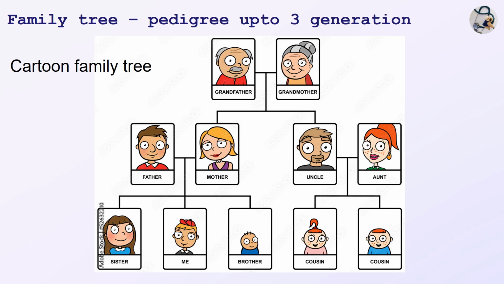So pedigree up to 3 generations. Topmost are the grandparents, grandfather, grandmother. Then comes your father, mother, uncle, aunt. Then your siblings, sisters, brothers, and then the center is me, and then that way you get your cousins from uncle, aunt. So this way a 3 generation pedigree you are supposed to make.